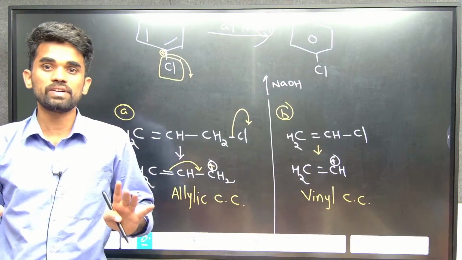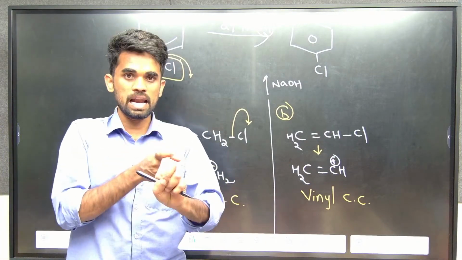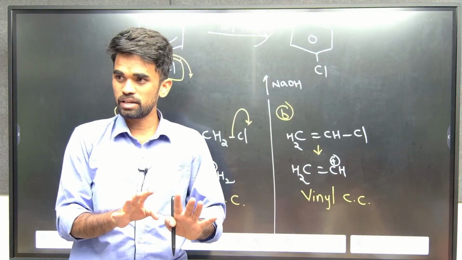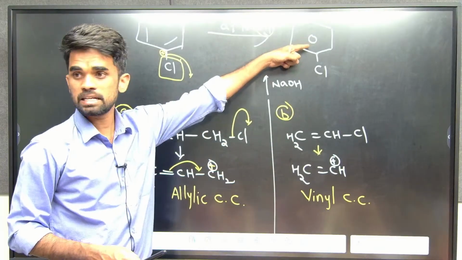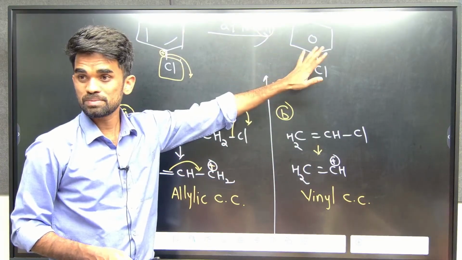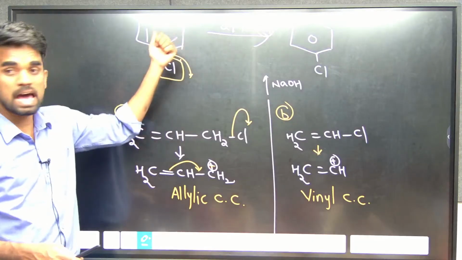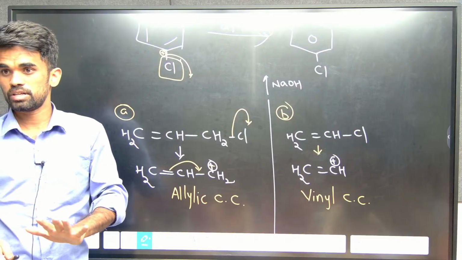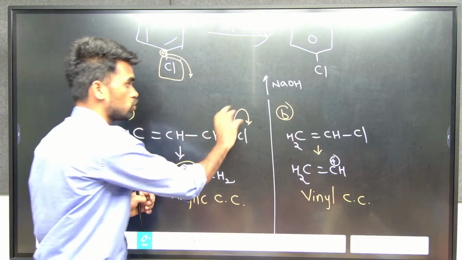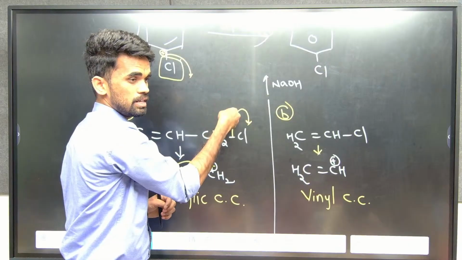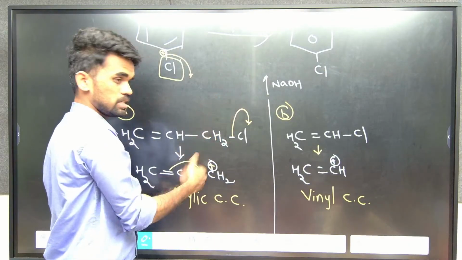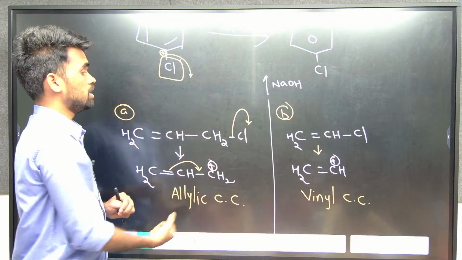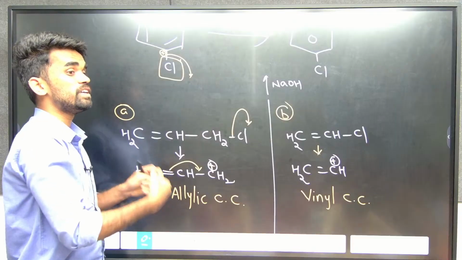So now you have one statement: vinyl halides and aryl halides do not undergo substitution reactions, whereas benzyl halides and allyl halides easily undergo substitution reactions. Substitution means one group is removed and replaced by another group. So substitution reactions take place in allylic and benzylic. Sir, out of benzylic and allylic, which undergoes it more easily?